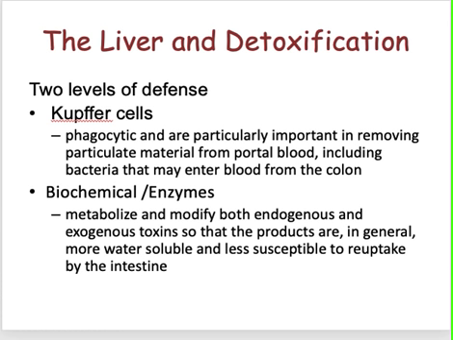your Kupffer cells can actually help in the body's defense. Another important level of defense of the liver are your enzymes. Your enzymes are able to metabolize and modify both endogenous and exogenous toxins so that the products are in general more water soluble and less susceptible to reuptake by the intestine. One example would be your alcohol.